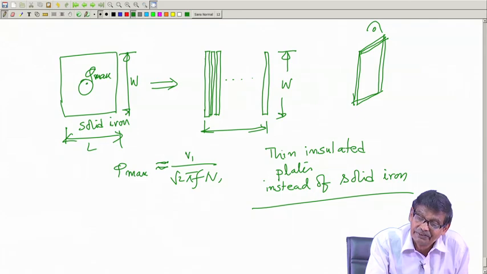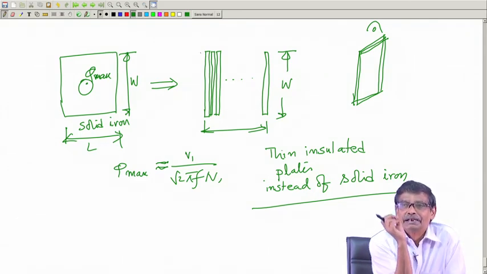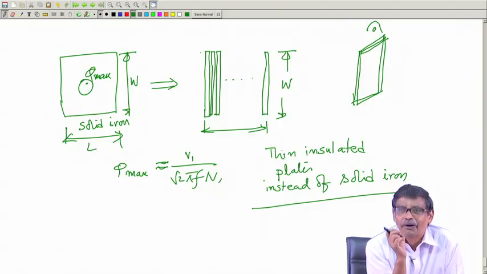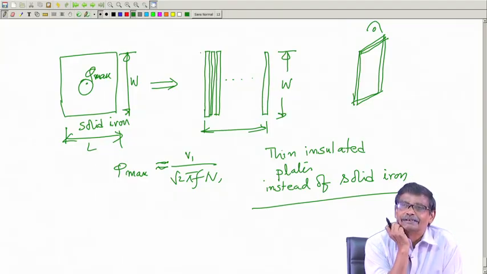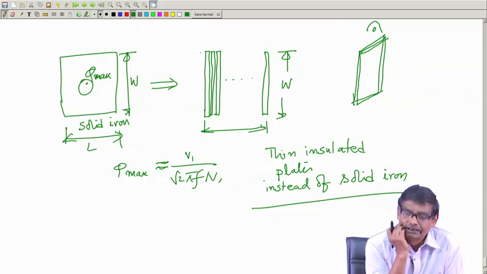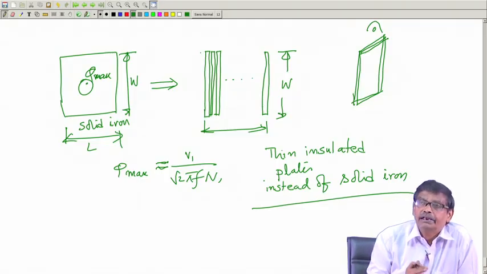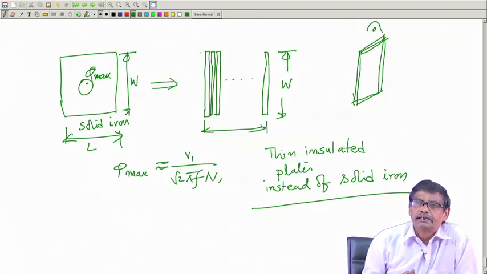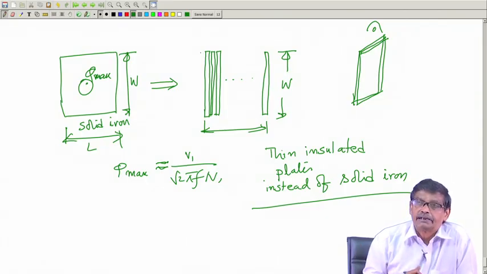In fact, if the thickness of each plate is so small, you will not find any eddy path existing. Of course, that is not the case. We will discuss it in the next class. This is interesting and try to understand. Our goal will be to find an approximate expression for this eddy current loss and what factors it depends on. Thank you.